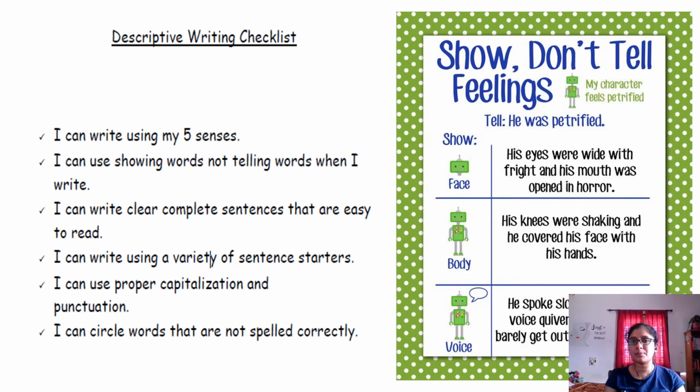Here there is an example: show, don't tell. The telling words are he was petrified, he was afraid, he was frightened. That is the telling word. If I read he was petrified, I will feel that yeah, he was afraid, he was frightened. But instead of giving such a blank statement, if we use his eyes were wide with fright and his mouth was open in horror, now I can imagine what he was going through exactly when he got petrified.